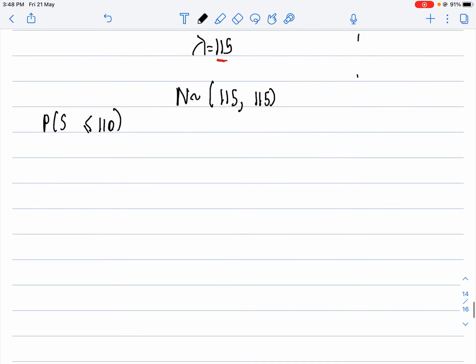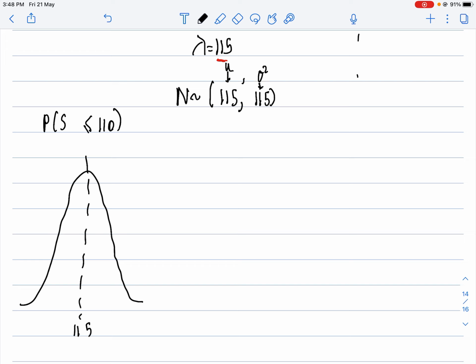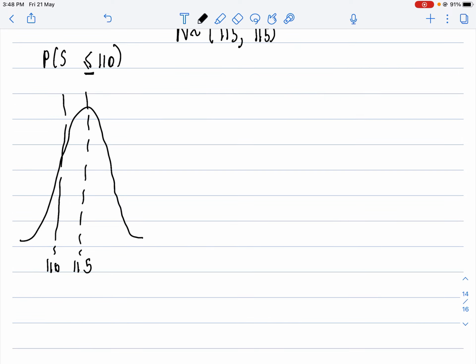Okay, so let's say this is my normal distribution curve. I have my mean, which is 115, because this is basically mean comma my variance. Okay, so let's say this is 115 and 110 lies here. I need this to be less than 110, which basically lies somewhere here.